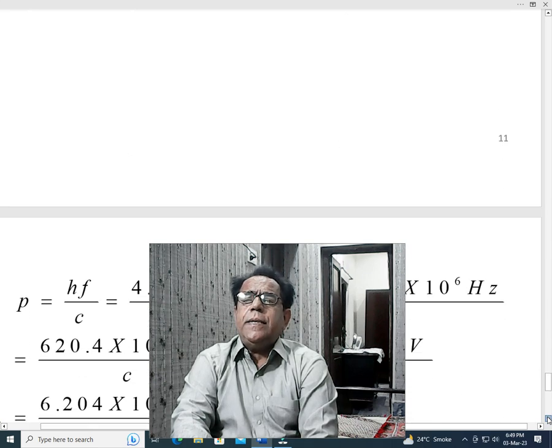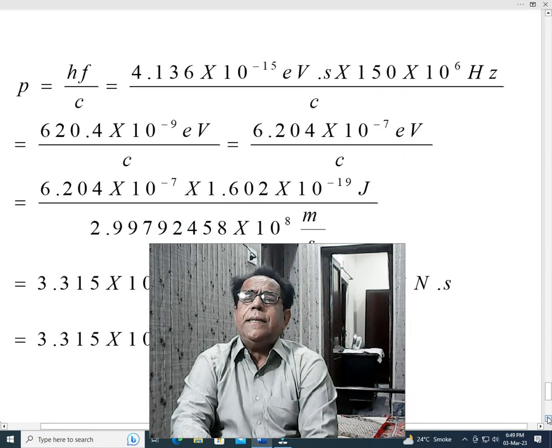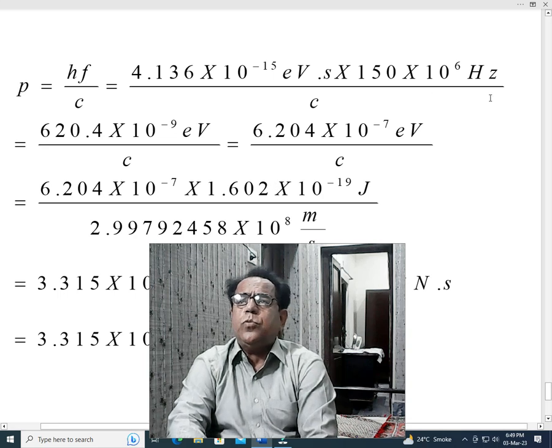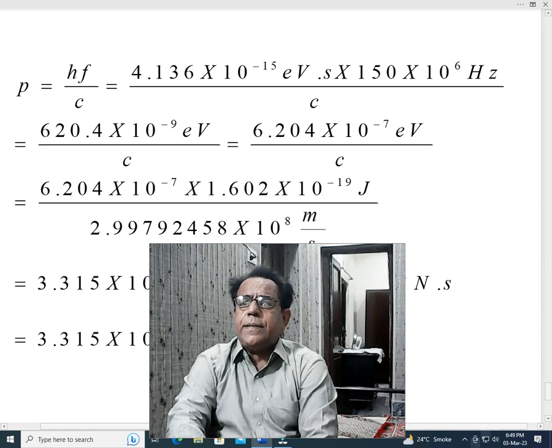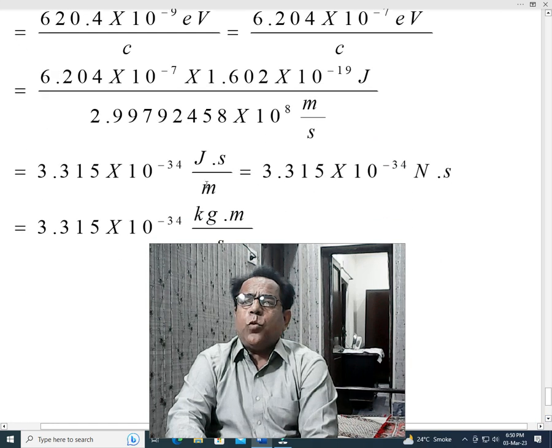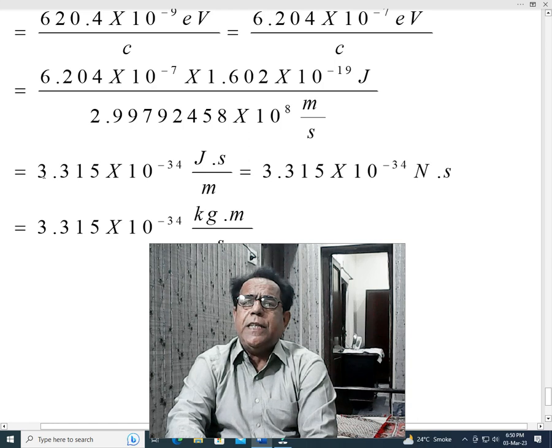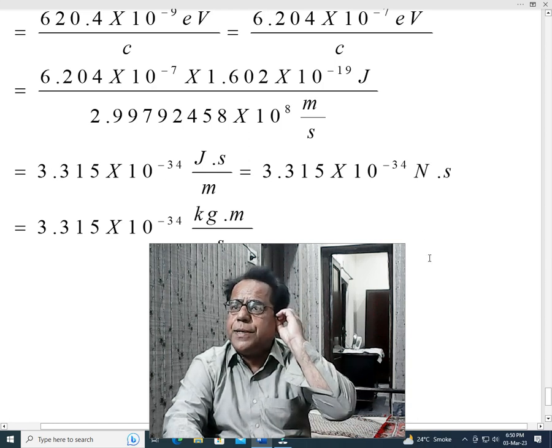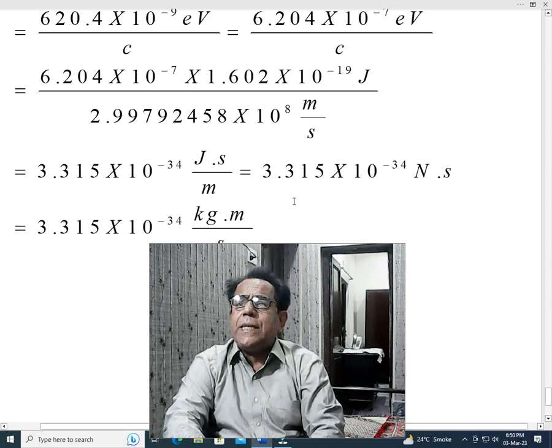So in the next part, P is equal to HF over C, which is equal to this into this over C. Here dear students, this has taken the shape of joule second per meter, 3.315 into 10 raised to the power minus 34 joule second per meter, and it will take the form Newton second, because joule per meter is equal to Newton.